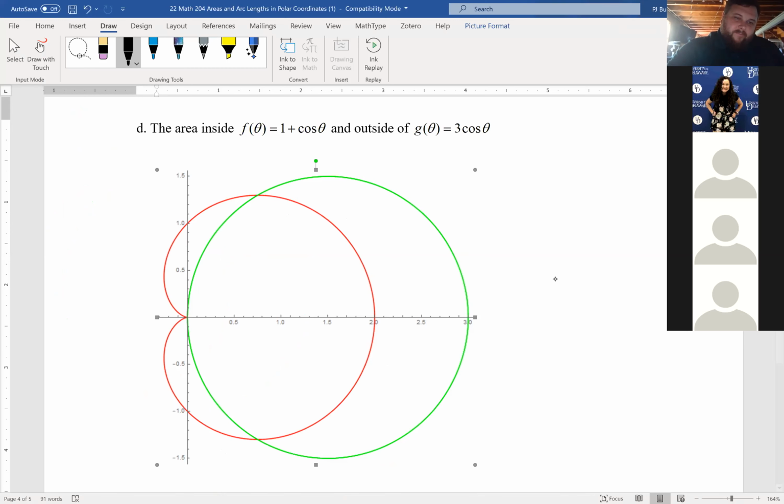So if I were to draw a line from the pole out to this point of intersection out here, those two functions cross that line at the same point.